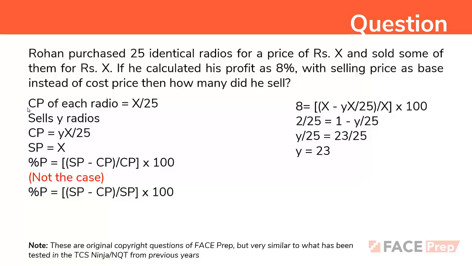Got it? And 100 will be transferred from RHS to LHS. It will become 8 by 100, and if you simplify it will become 2 by 25. If you solve this equation even further, you will get Y by 25 is equal to 23 by 25. If this much is clear, then Y is equal to 23.